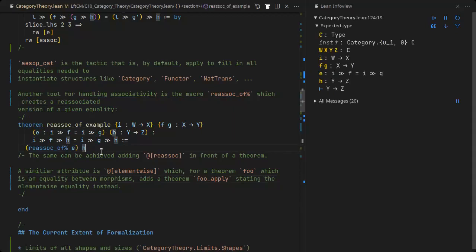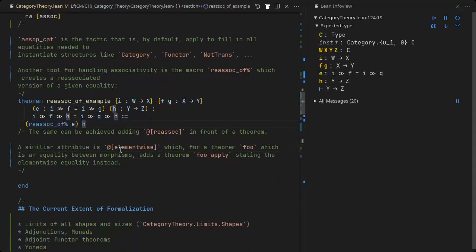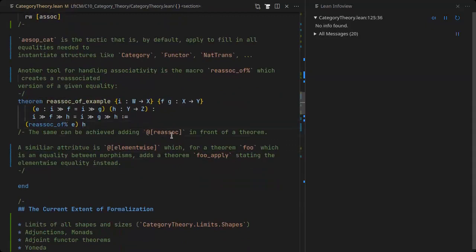And the more complicated the terms get when you're dealing with equalities of morphisms, the more important this becomes. There's also an attribute called add_reassoc that you can add to your definitions, and it will automatically generate a reassociated version of your lemma, also with this arbitrary H added to the right of it.